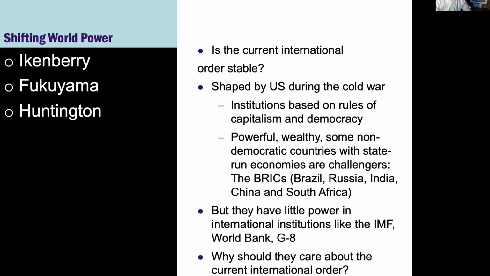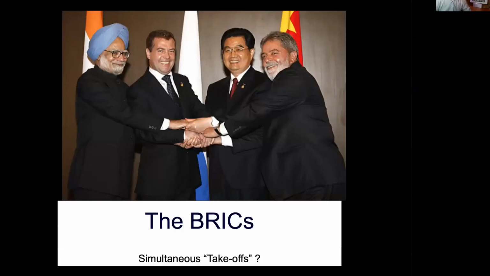So it could be that the international liberal order can also be changed, and the values within it could change. I want to give you an example which describes exactly this. If we look at the BRICS, they are not necessarily bound by ideology or by a specific international idea.